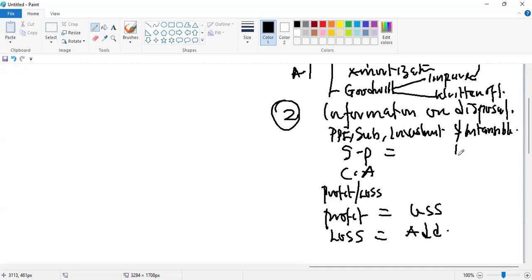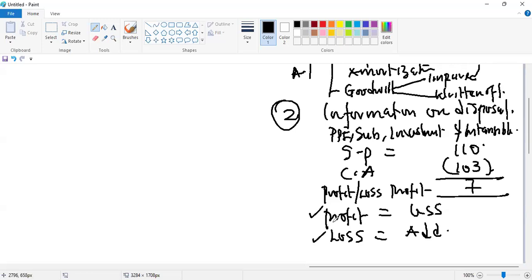What is the selling price? 110. Carrying amount, 103. He made a profit. Don't forget, if it is profit, we less.